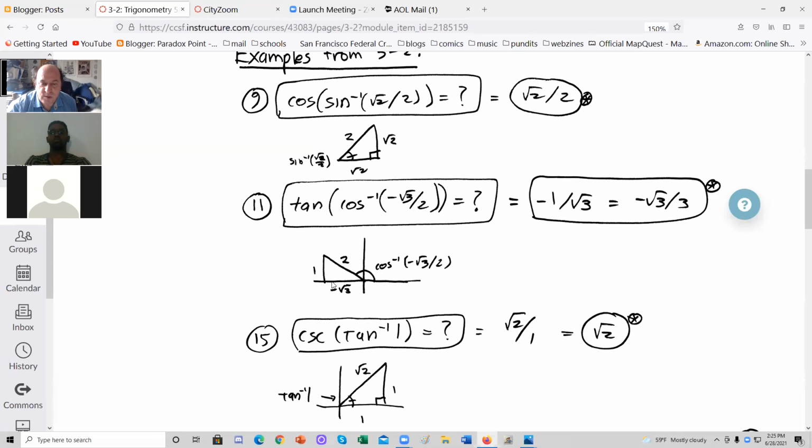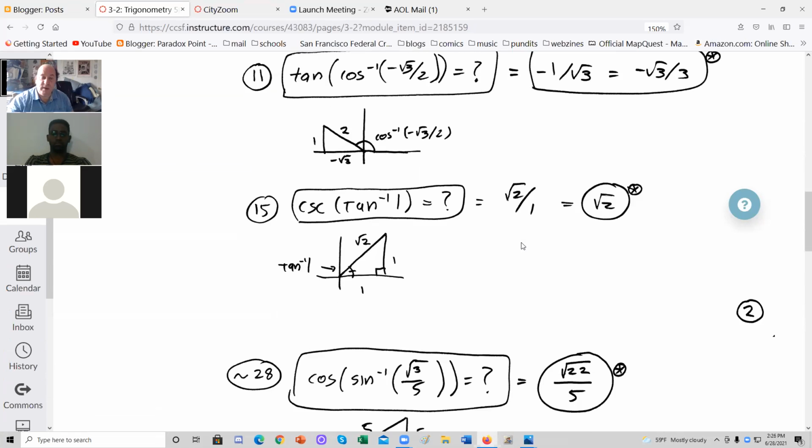So we have minus root 3 here, 2 here, up 1 here by Pythagoras, and we have a 30, 60, 90 triangle. Well, this is 30 degrees, so this will be 150 degrees, but whatever. So tangent is y over x, 1 over negative root 3, so negative 1 over root 3, aka minus root 3 over 3, to rationalize the denominator.